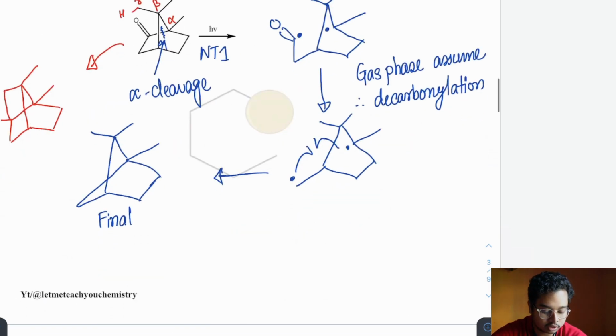This is also possible if a Norrish type 2 reaction occurs, but this structure is not that stable because of the strained ring. So we can say that the previous one will be the final product. Both possibilities exist, make sure of that.